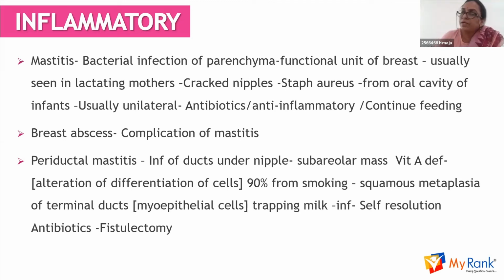If mastitis is not treated properly, and if the breast is full of milk, then that may lead to a complication, breast abscess. If in the early stage mastitis is not treated properly, that may lead to breast abscess.